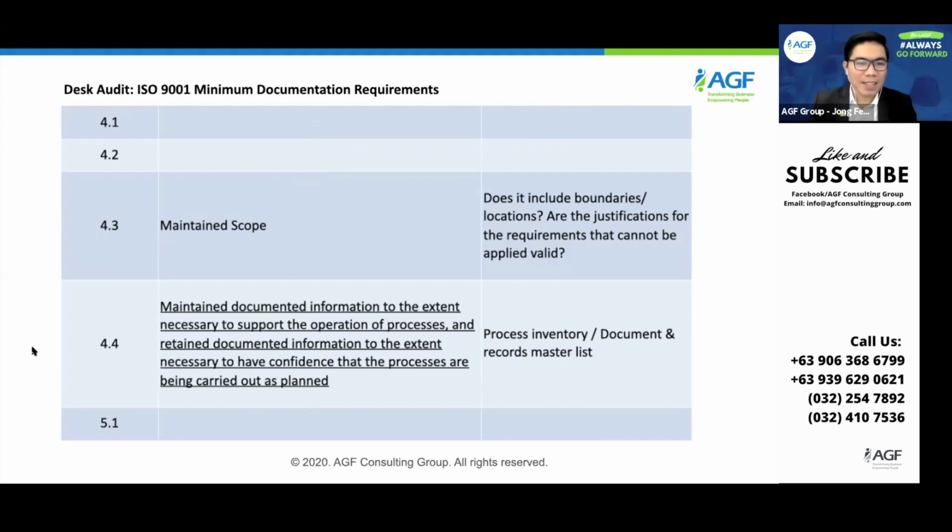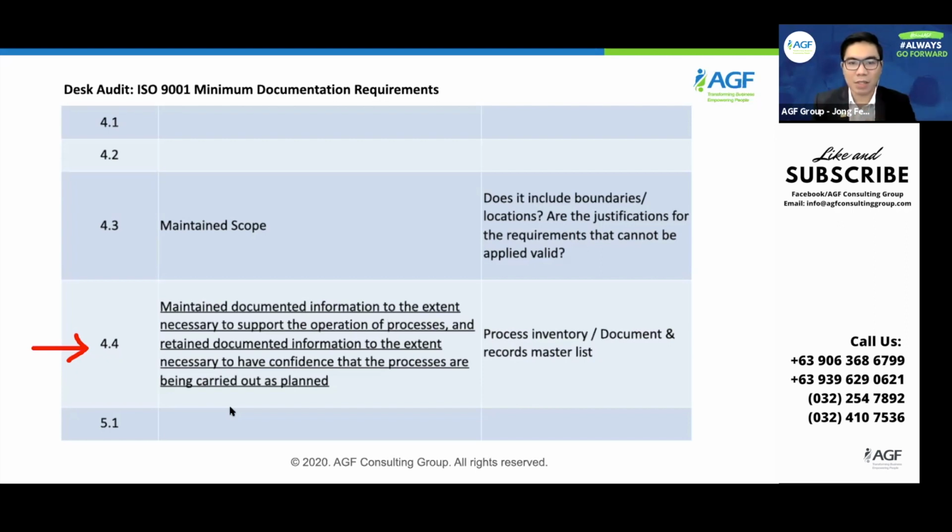Okay, now next is this 4.4. So 4.4 we all know is QMS and its procedures, or QMS and its different processes that we use. We know that in the new QMS, it is actually discretionary upon the part of the organization to determine what are the needed procedures.